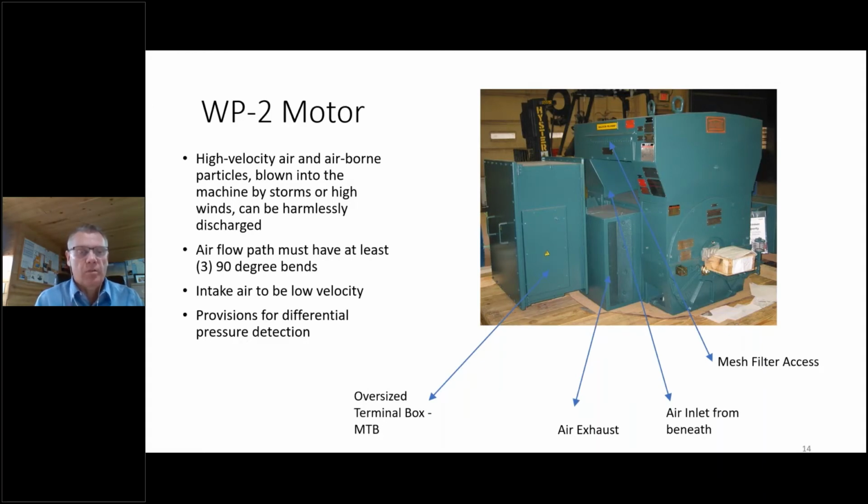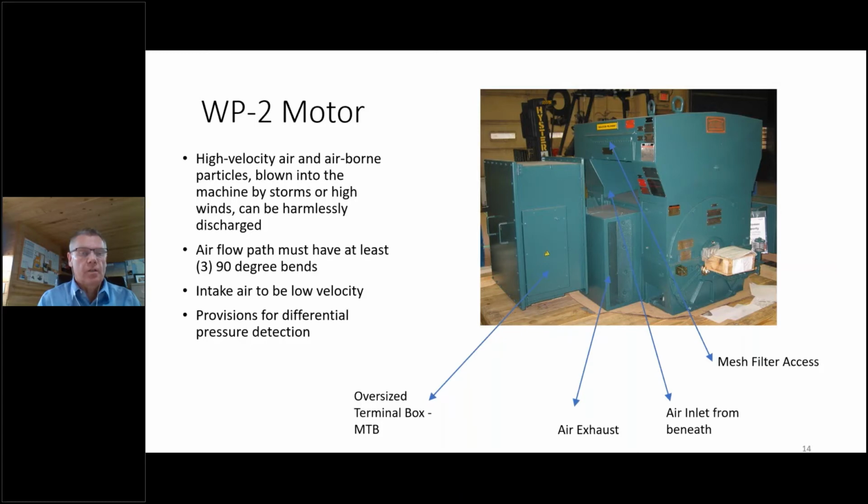When I say our industry, I would assume that most people on this call are dialing in from Alberta and may at some point in their career have been associated with the oil and gas industry or other heavy industries like pulp and paper or forestry. WP2 stands for weather protected; 2 is a higher level than 1. It's widely accepted in industrial plants for outside use.